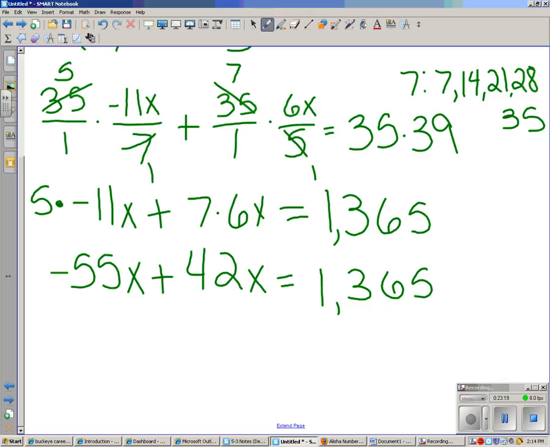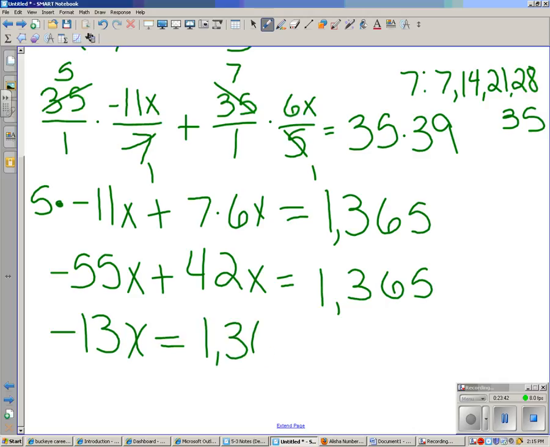Negative 13. Okay? Look at them. One's a positive and one's a negative. The larger absolute value has a negative, and then you just take the difference, 55 minus 42. So it's negative 13x equals 1,365.